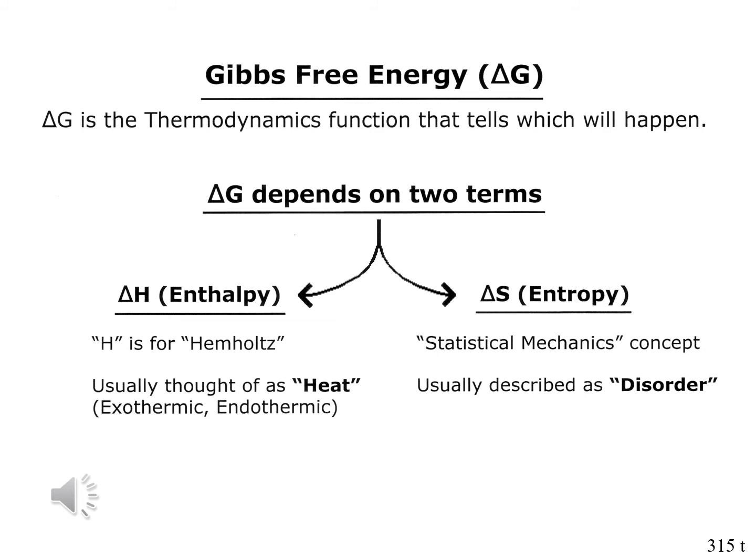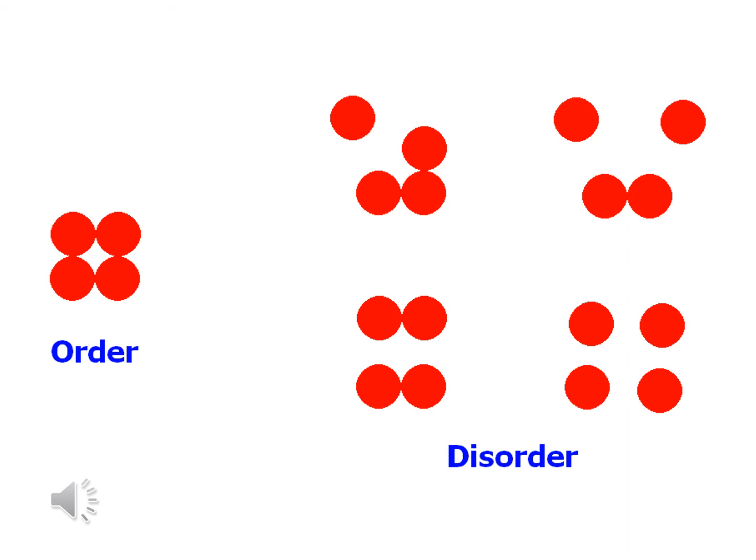It has a higher entropy if it's more disorganized. And that is actually a statistical mechanics concept, because statistics has something to say about disorder. What thermodynamics points out is that everything tries to get to a higher entropy or a higher state of disorder.